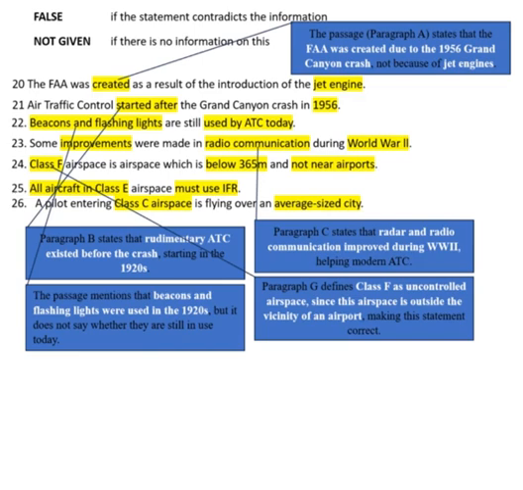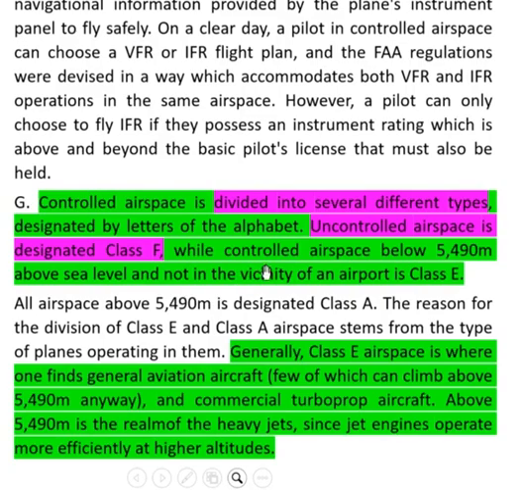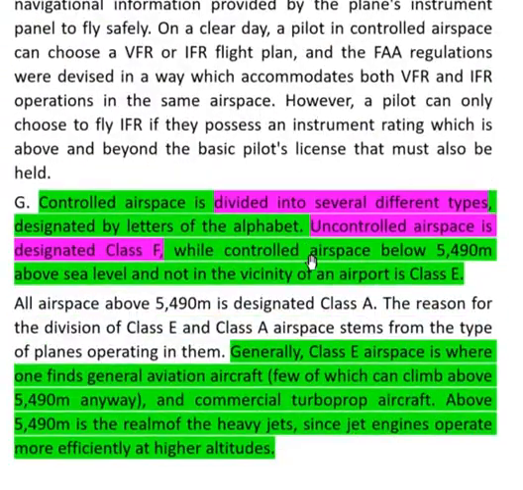Quickly to number 25, all aircrafts in Class E airspace must use IFR. That is Instrument Flight Rules. This is the first time we're seeing Class E, and that is in paragraph G. And take a look at this other one, the second highlighted area.